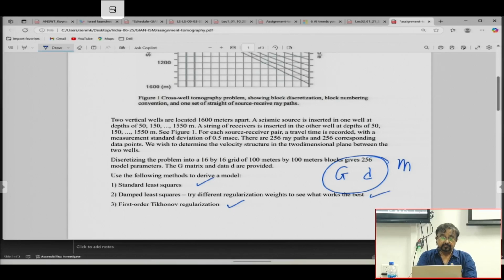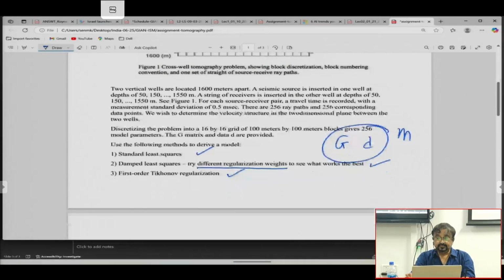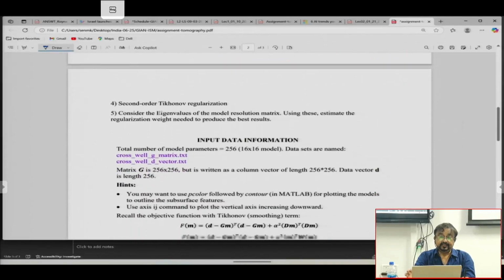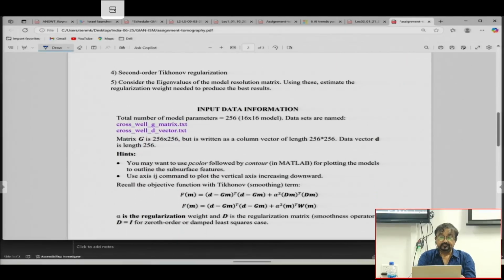If you want to ignore that, that's fine with me too, but do the first two. But the trick here is to find a way of picking the regularization weight, okay? Try different regularization weights.